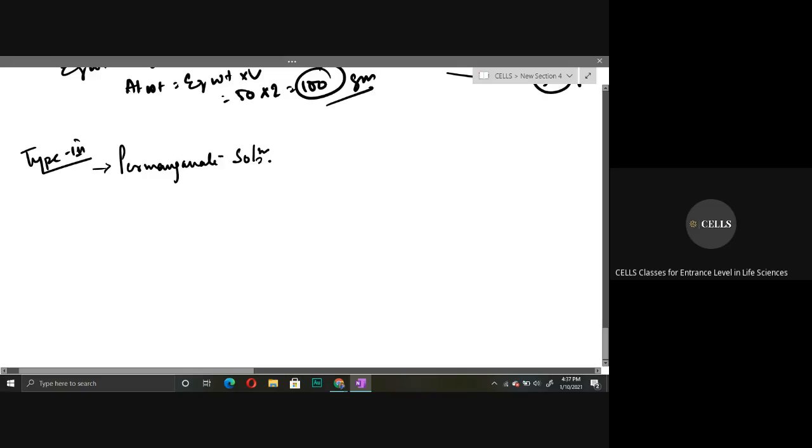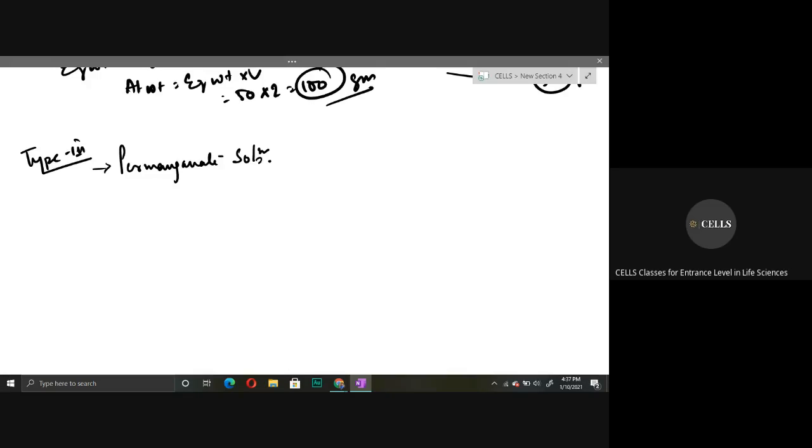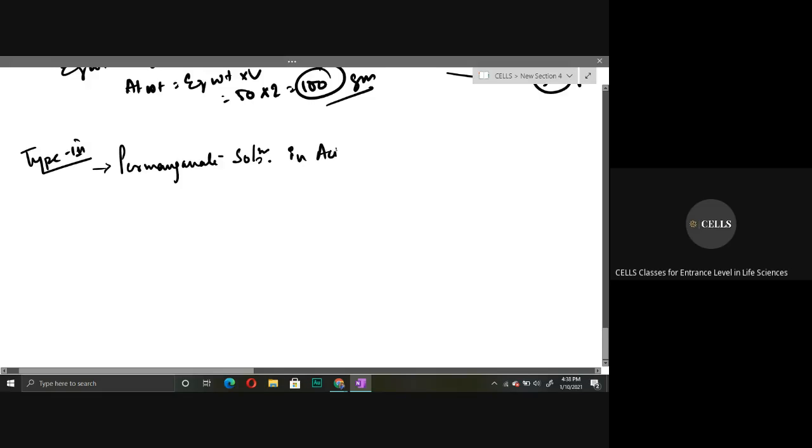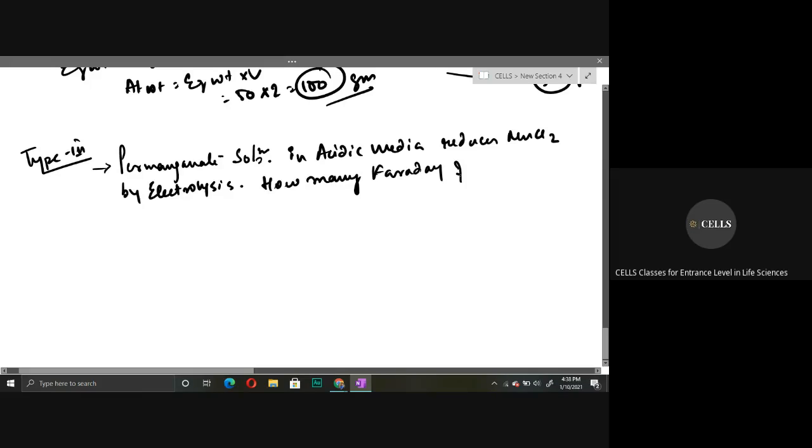They will ask questions from conductance as well as from electrochemical cells, which will come after this.